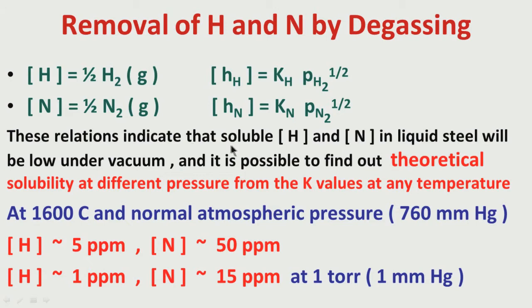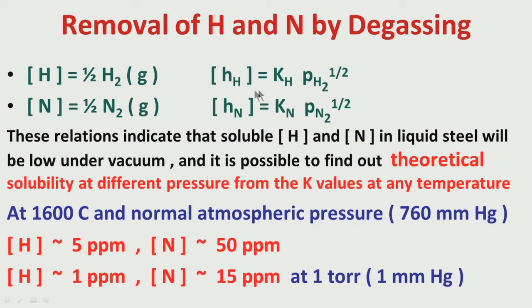So, these relations indicate that soluble hydrogen and nitrogen are Henrian activities, and as I have told you, because it is a dilute solution, that means hydrogen and nitrogen contents in liquid steel are very low, in the ppm level, we can assume Henry's law is effective, and we can assume them to be almost equal to the weight percent of hydrogen and nitrogen.